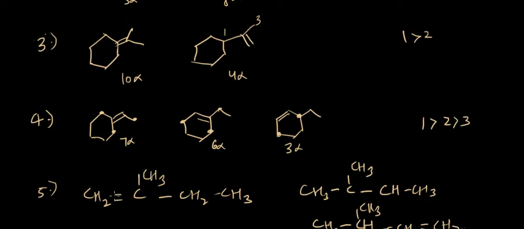For this one, the number of alpha hydrogens is 3 plus 2, 5 alpha. For this one, I think I didn't draw a double bond here. For this compound we have 3 plus 3 plus 3 plus 3 plus 1, which is 13 alpha. For this we have only, I think, 7 alpha. So the order of stability is 2, 1, 3.